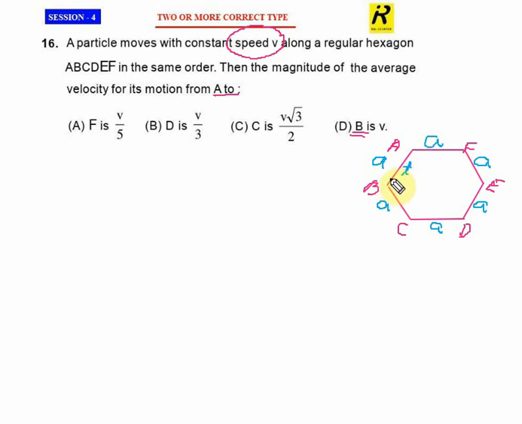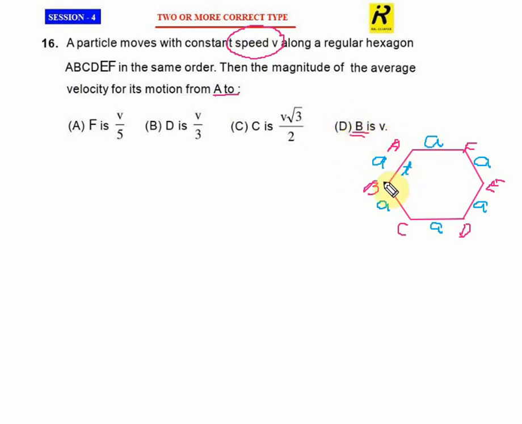So from A to B it is t. This motion is with a speed v because the speed is constant. I should not say the velocity now. So I should say the speed is constant. So I'm checking the correctness of this option D first.